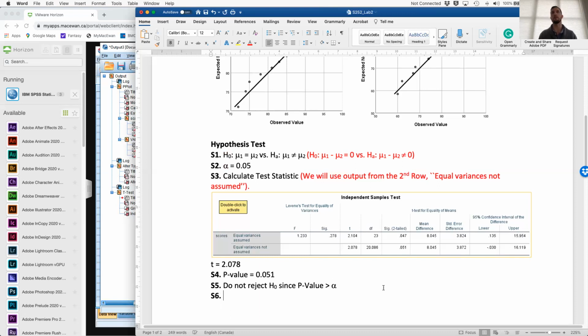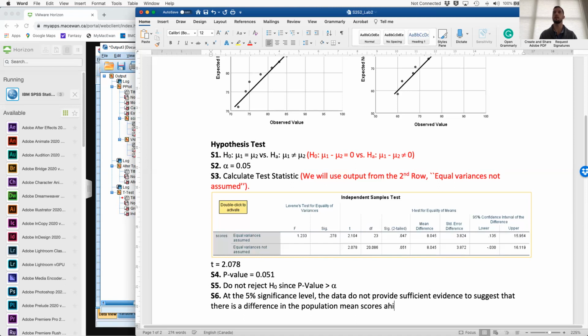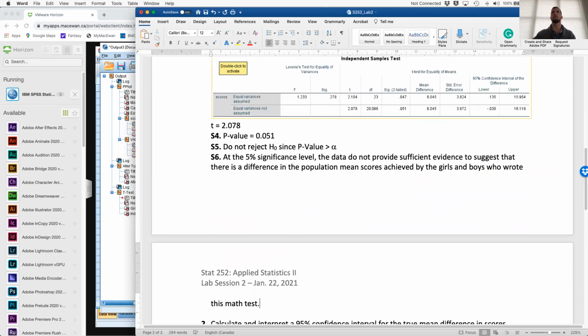And then on step 6, we conclude by saying at the 5% significance level, the data do not provide sufficient evidence to suggest that there is a difference in the population mean scores achieved by girls and boys, by the girls and boys who wrote this math test.